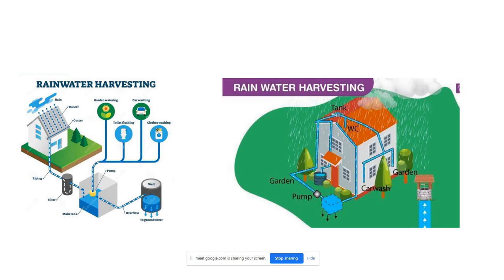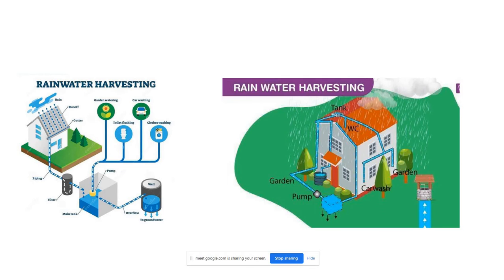In Kanpur and Lucknow, a rule was implemented in 2017 that each house or building with an area of 1,000 square meters or more must implement some water resource management.